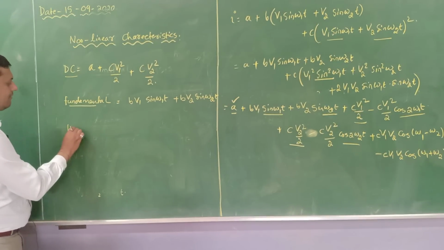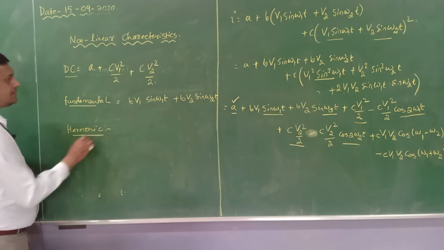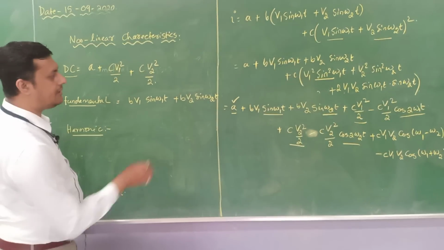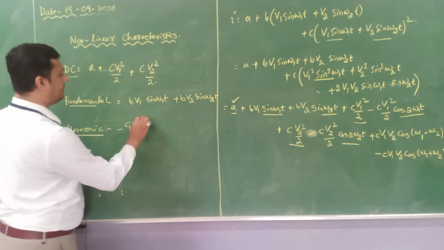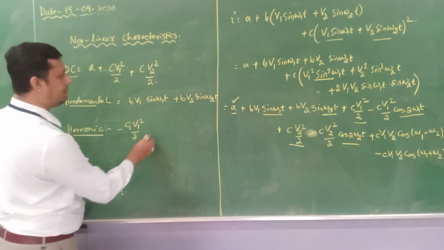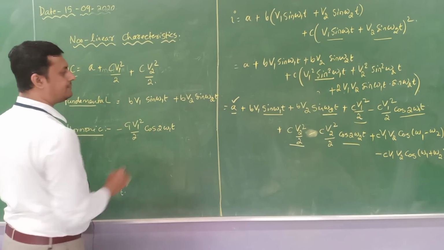Now what are the harmonic components? Harmonic component is higher frequency component. So what are the higher frequency components? Higher frequency component is minus C V1 square divided by 2 cos 2 omega 1t.